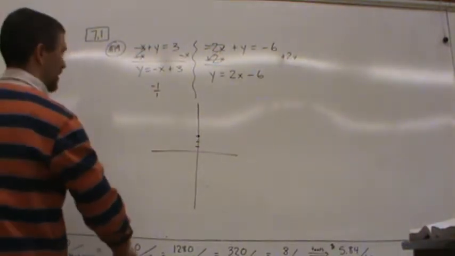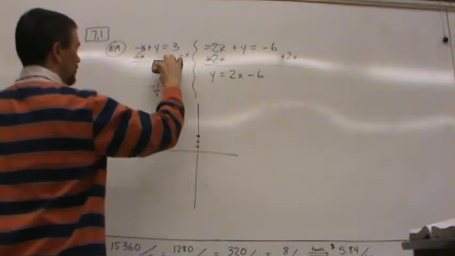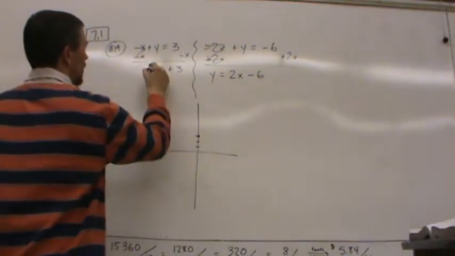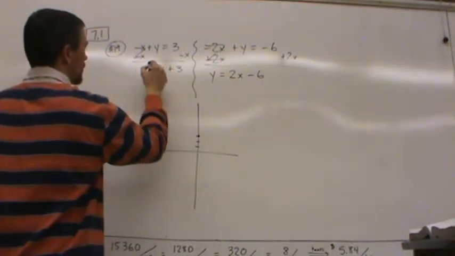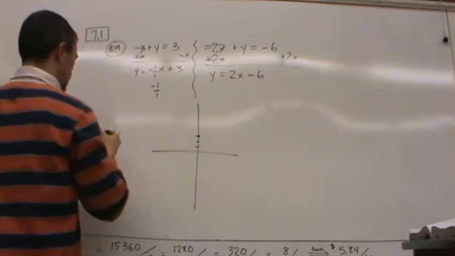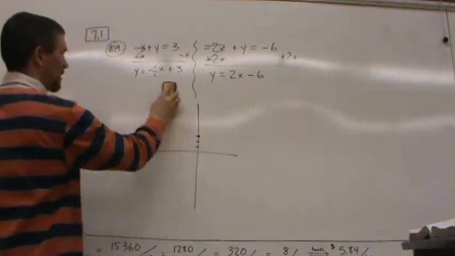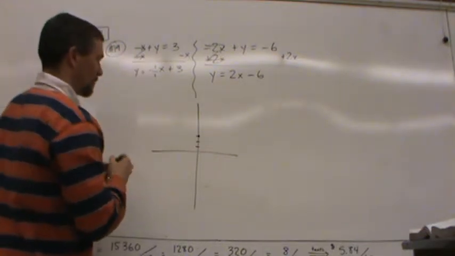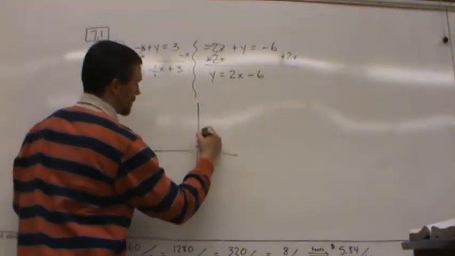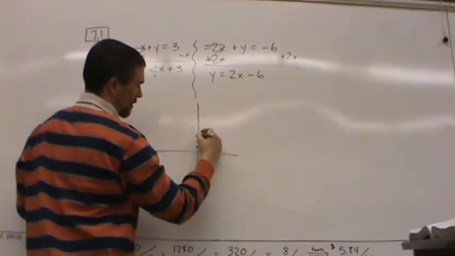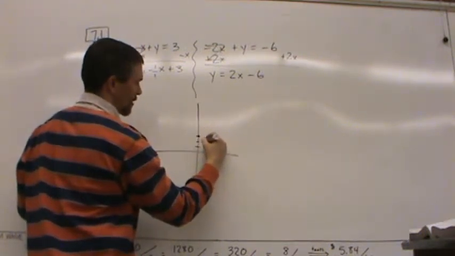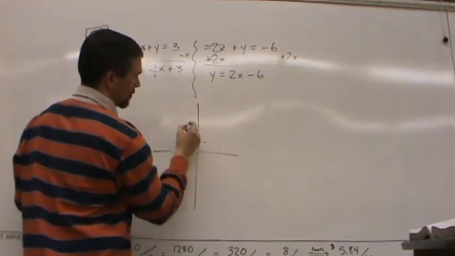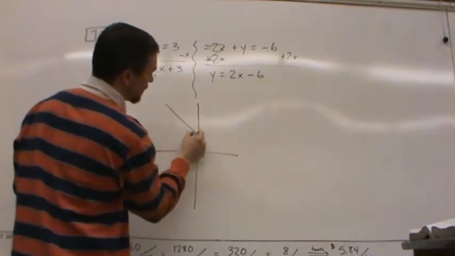If it makes you more comfortable writing 1 over 1 so it really looks like rise over run, then do that. This is the rise, that's the run. So from that point we plotted, rise a negative 1, and then run 1. And that would give us our line.